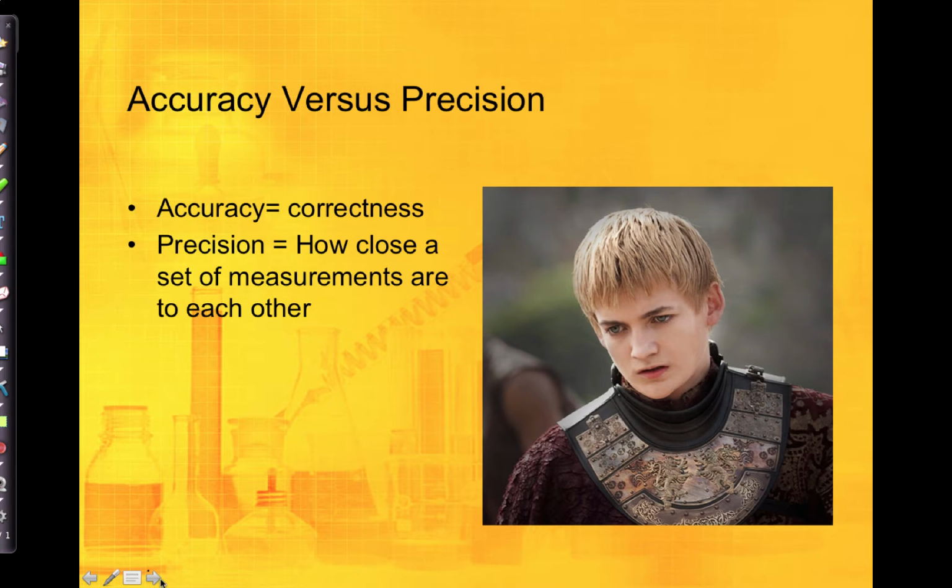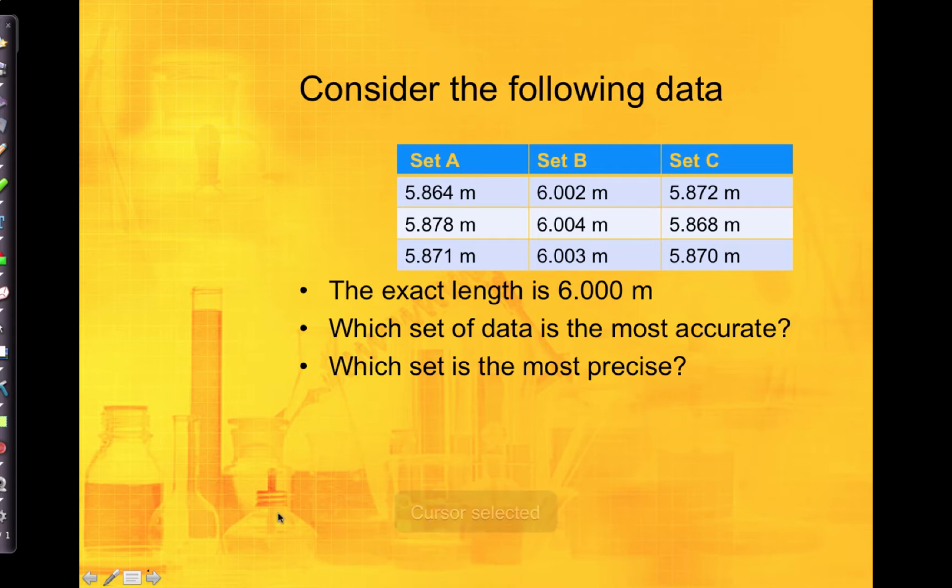All right, so when we're looking at accuracy and precision, you need to be able to look at data and tell, is it accurate, is it precise? So 3 groups were taking length, and the length should have been 6.000.